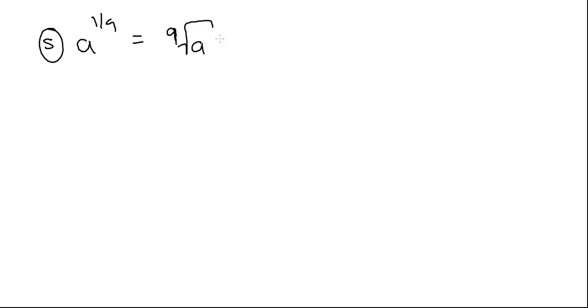So does that make sense? So rule 4 says if you have a to the power of 1 over q and I raise that to the power of q, then that's equal to a.